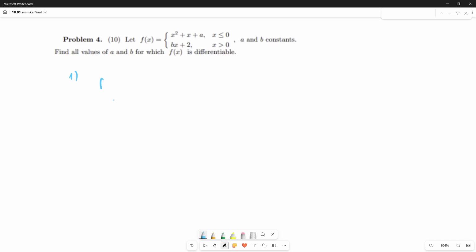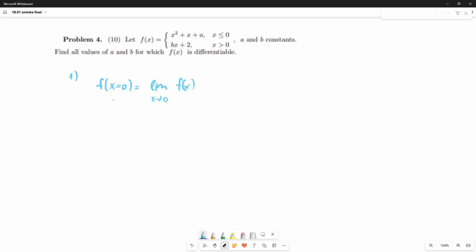So, the value of the function at x is equal to 0 must be equal to the limit where x goes to 0 of the value of the function.